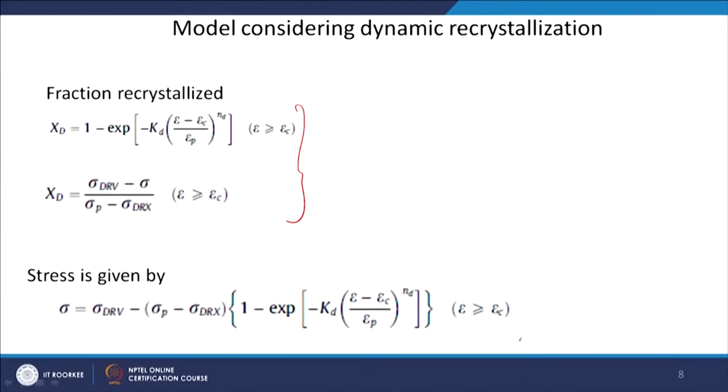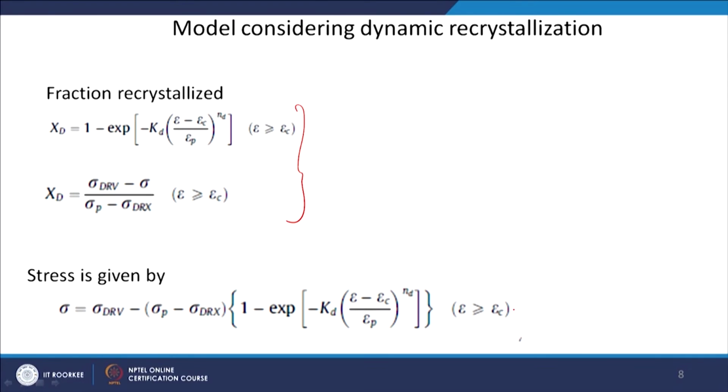So, now you have the fraction recrystallized from two different ideas, one from the stress strain curve, one from the Avrami type of kinetics. If you combine these together, since both are giving you the fraction recrystallized, then you will get an equation like this: sigma equal to sigma DRV minus sigma p minus sigma DRX, multiplied by 1 minus exponential minus kd, the remaining term, and so on.